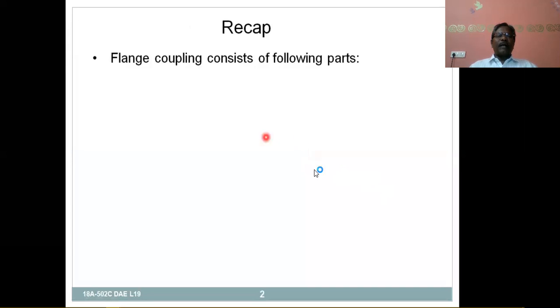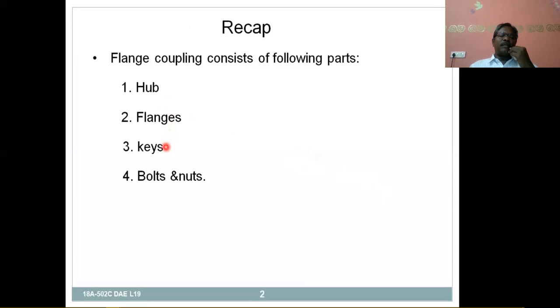In the previous class, the design of flange coupling includes the main parts: hub, flanges, keys, bolts and nuts.